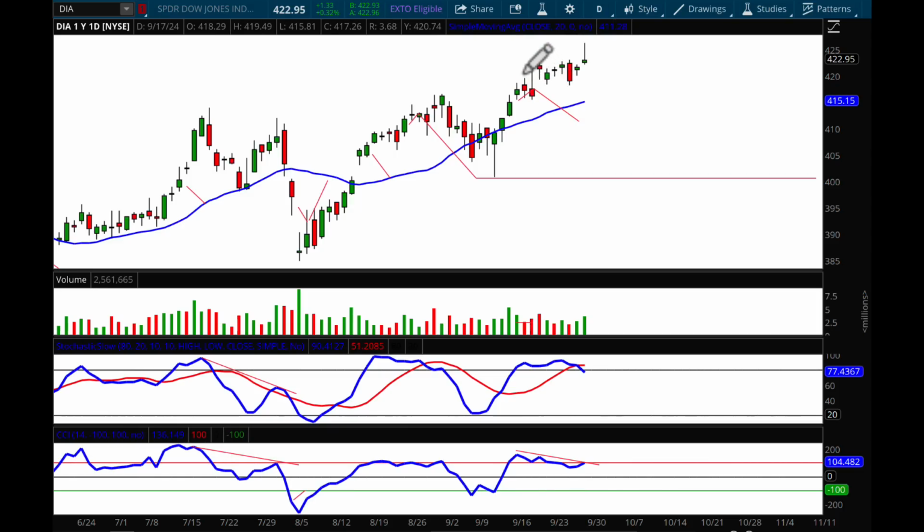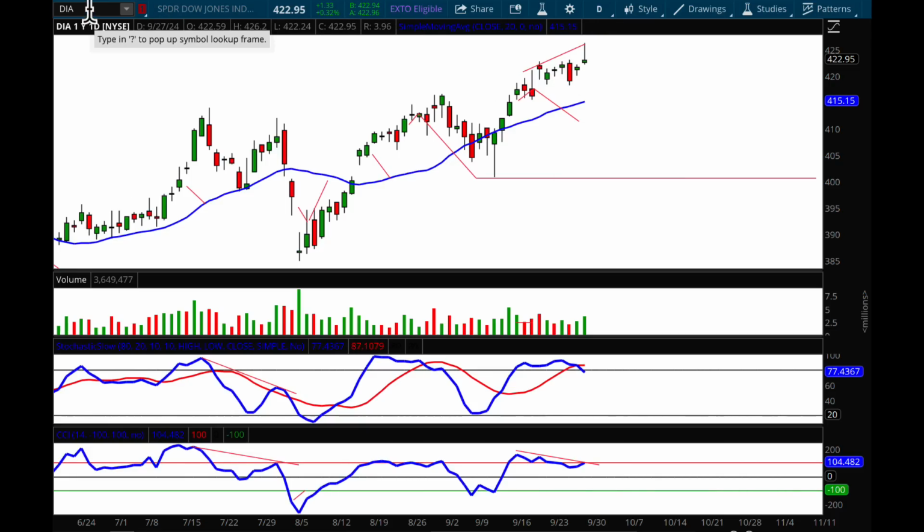And when you see higher highs coming in with the CCI showing lower highs, that's a negative divergence that you have to watch out for. And you can see back here, that's exactly what happened. After the shooting star here, we had that big drop, and again, prior to that, we had that negative divergence. So my downside target on DIA, not moving, 411.32.